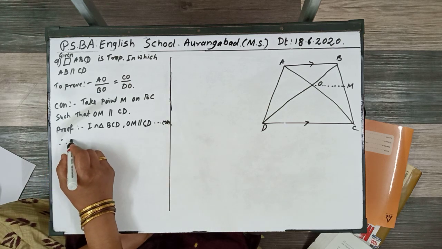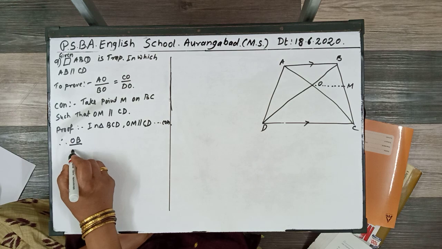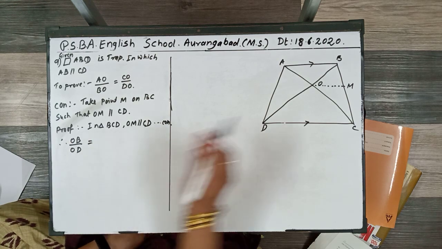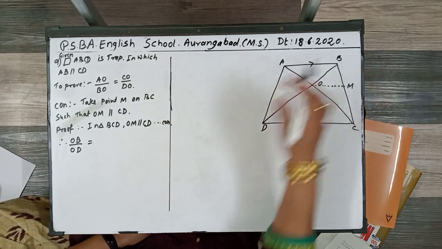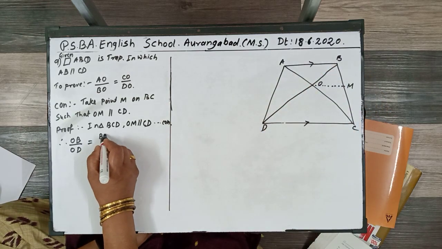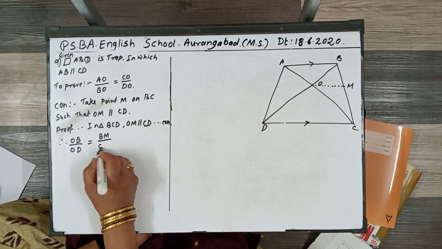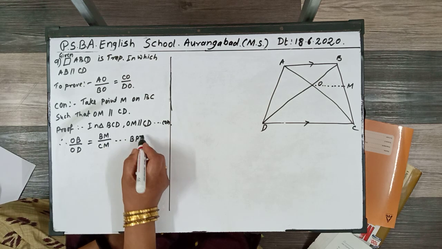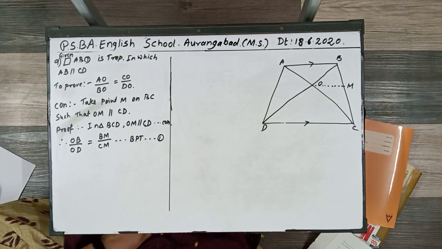Therefore, OB upon OD is equal to BM upon CM. Reason will be BPT, and this is statement number 1.